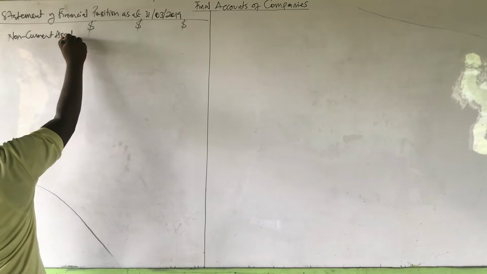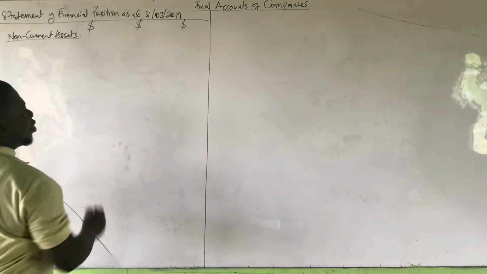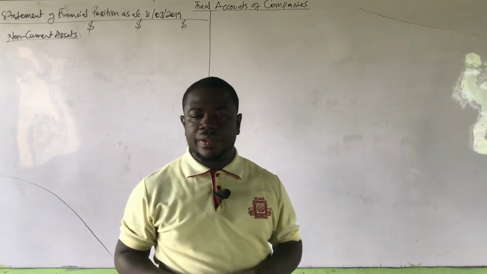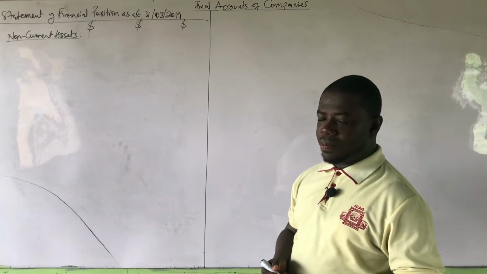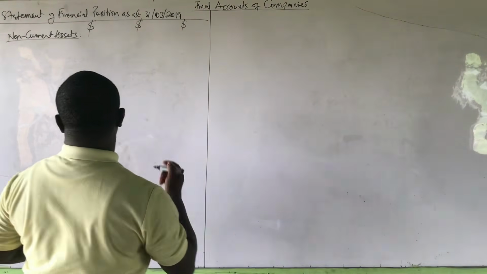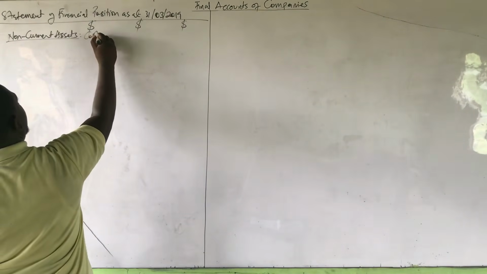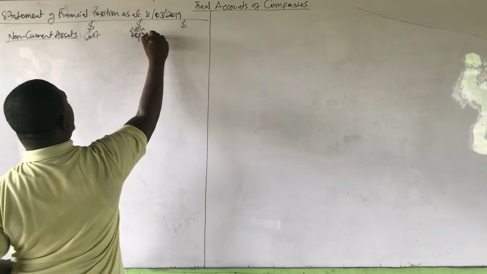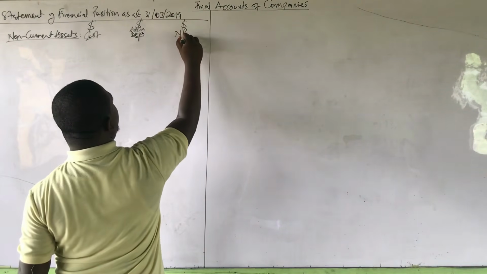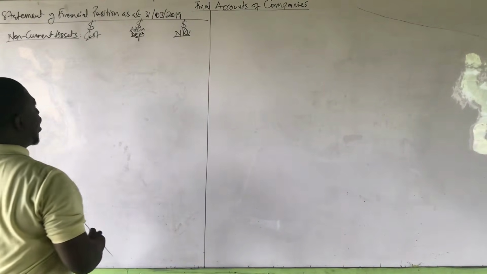Remember that I told you that the preliminary expenses will be capitalized, and then there is goodwill. So let us bring them first as intangibles. And so we have costs, accumulated depreciation, and then we have the net book value or carrying amount for the non-current assets.